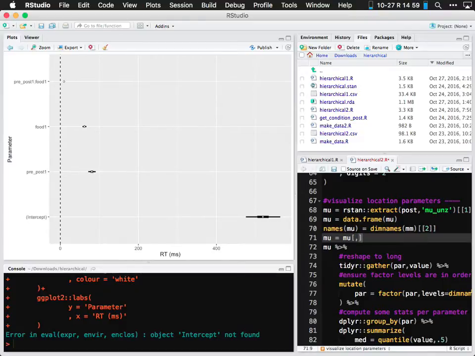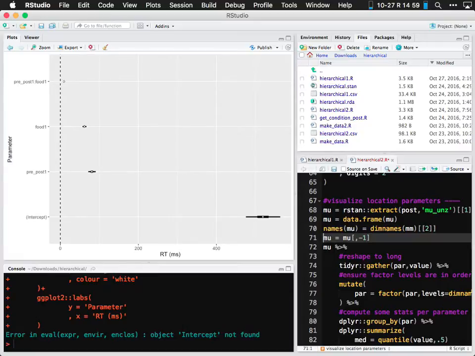On the left-hand side of the comma is what you want to keep in terms of the rows, and on the right-hand side is what you want to keep in terms of the columns. If you want to keep all of one of those things, you just leave it blank. So we want to keep all the rows. We just want to toss some columns. And we don't want the first column, so I think we could just do -1 there.